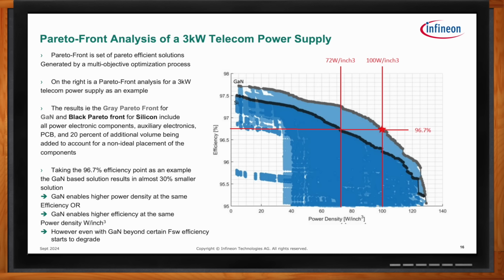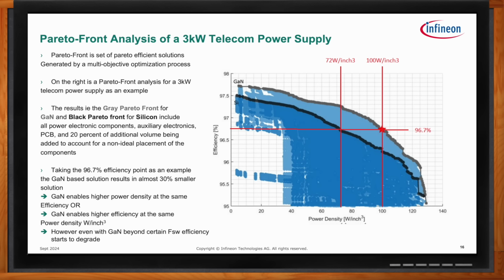So for example, in this case, if you take the 96.7% efficiency and draw a horizontal line to cross both the gray and the black, we can see that GaN technology enables almost 30% higher power density at this same efficiency point. Another way to look at this is that at the same power density, you can achieve a much higher efficiency with GaN as well.